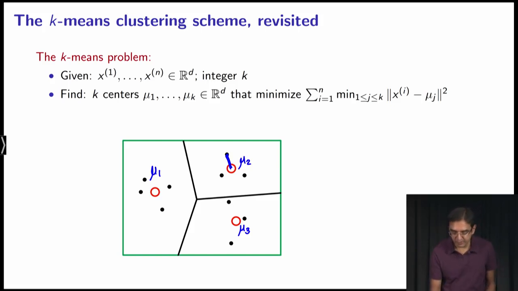So in general, for the ith data point, the approximation error is simply the squared distance to its nearest center. And the goal of k-means clustering is to find the k clusters and the k centers that produce the smallest approximation error possible.